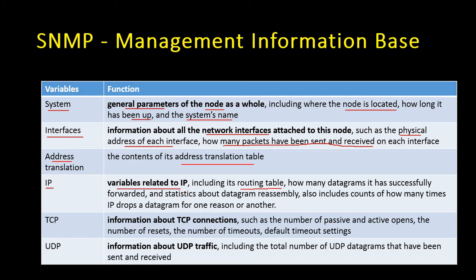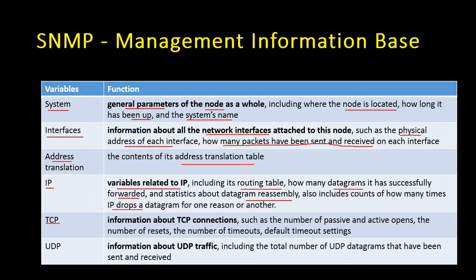Which particular packet has to be sent through which route is monitored over this routing table. It also holds how many datagrams have been successfully forwarded, statistics about datagram reassembly, and counts of how many times an IP packet has been dropped for one reason or another.